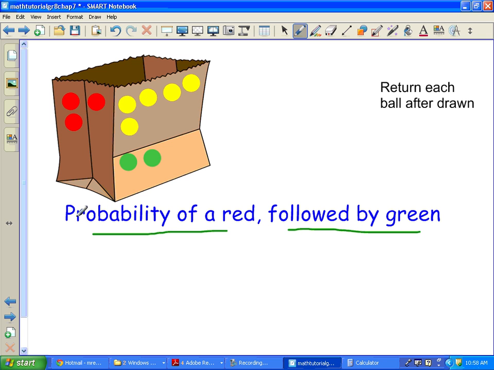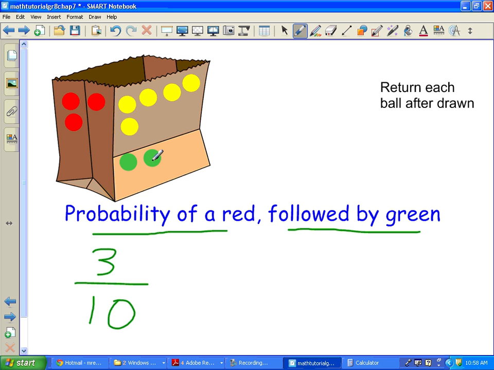So we want to see the probability of getting a red. Well, the chances of getting red is 1, 2, 3 out of 1, 2, 3, 4, 5, 6, 7, 8, 9, 10. So it's 3 out of 10. And then what's the chances now of getting a green right afterwards if we put the balls back in, of course?